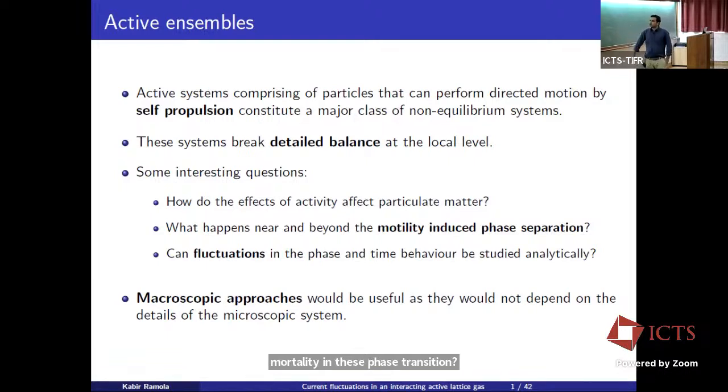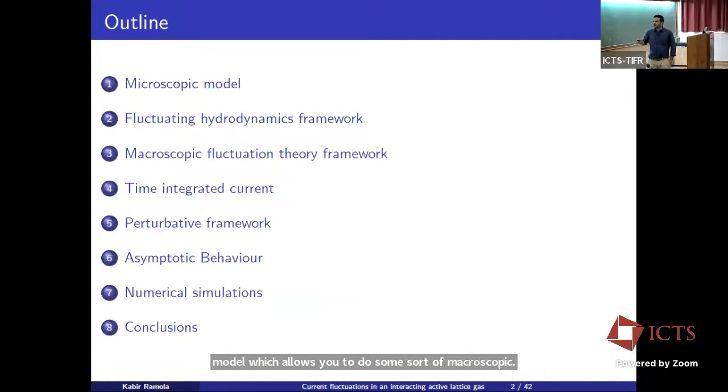And can fluctuations in phase and time behavior be studied analytically? In this context, it turns out that macroscopic approaches are quite useful, as they don't depend much on the microscopics of the system. And so in this talk, I will describe a particular kind of model which allows you to do some sort of macroscopic understanding of the questions that we are asking.